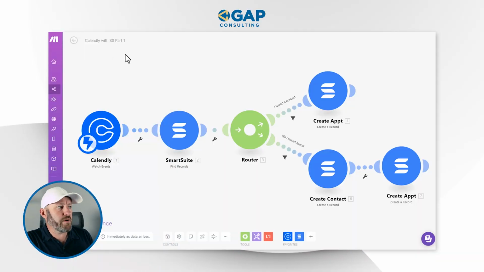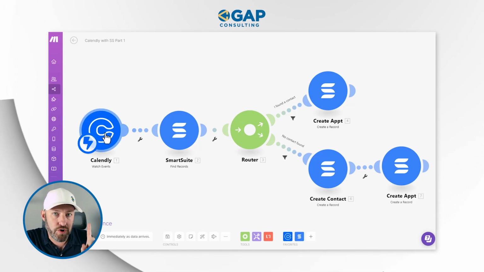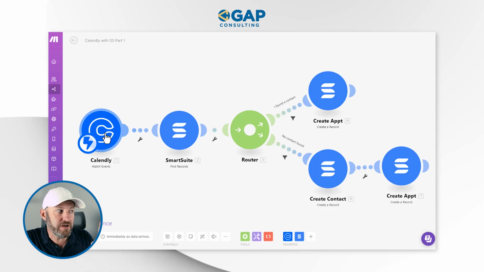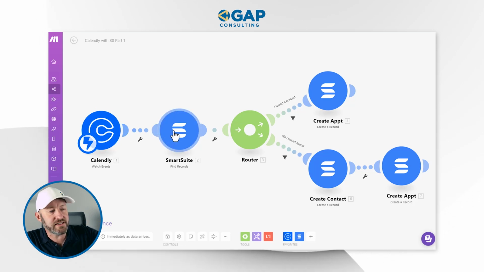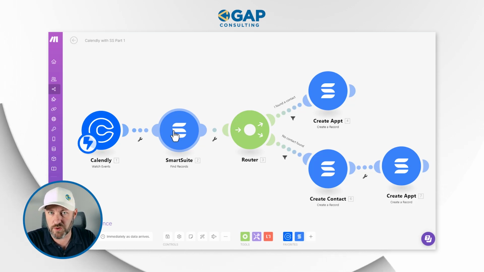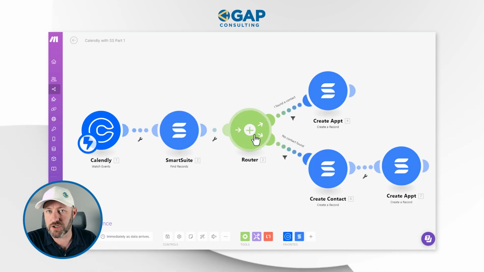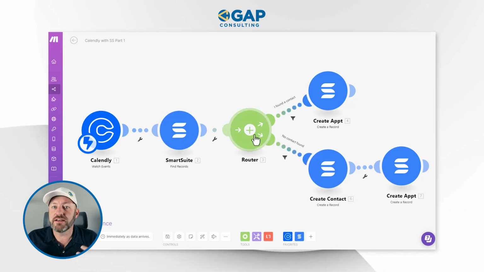All right, so our previous one looked like this. We said, look, we're watching Calendly for a new event. And if we have a new event, then we're going to look inside of SmartSuite and see if we can find the contact person, whoever scheduled that event. If we can find them, cool. If we cannot, well then that's cool too. We still need to take a next action.